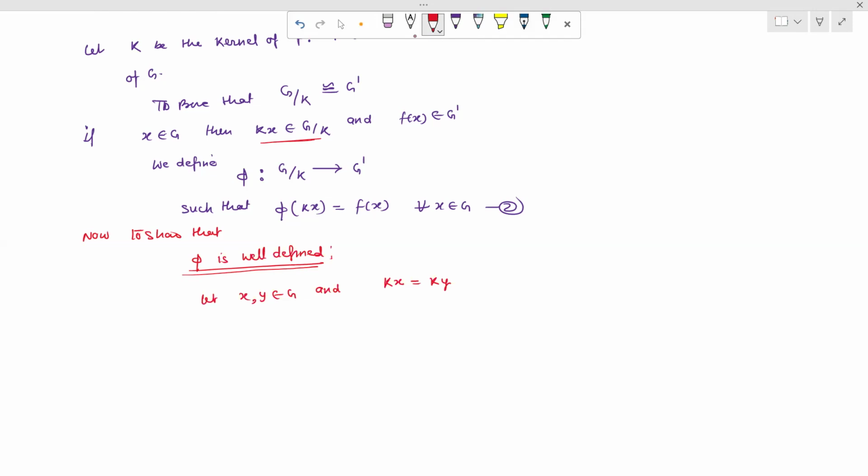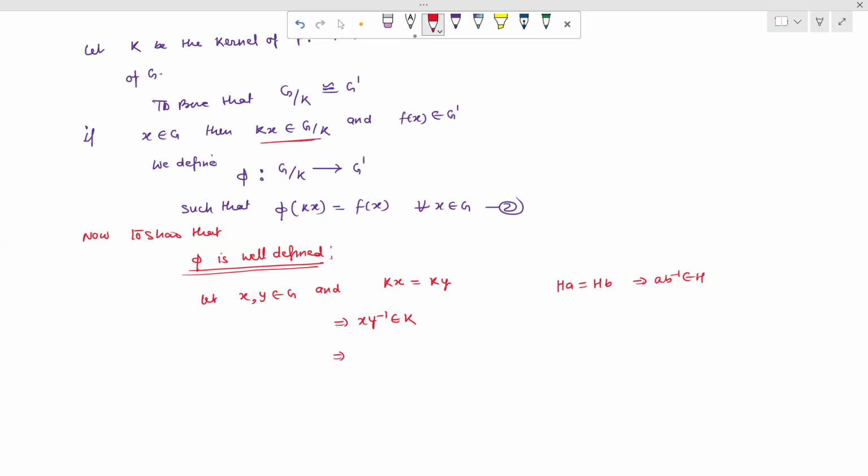So Kx equal to Ky. When we have Ha equal to Hb, it implies that ab inverse belongs to H. So when Kx equal to Ky, this can be written as xy inverse belongs to K.